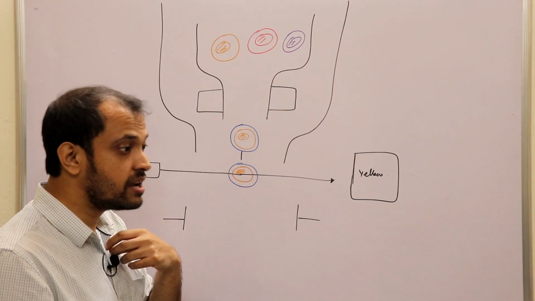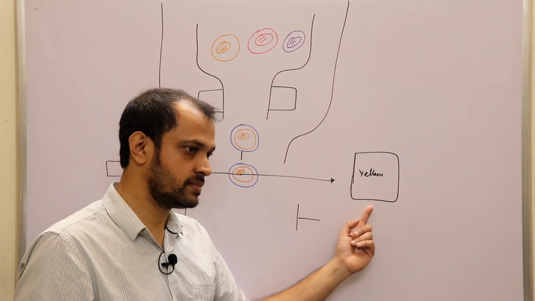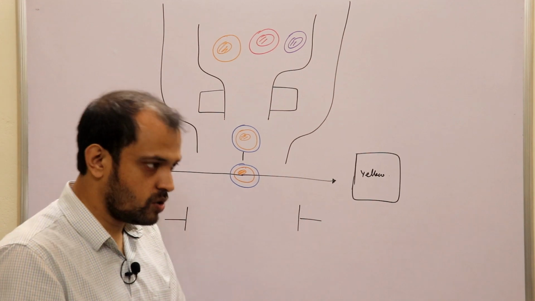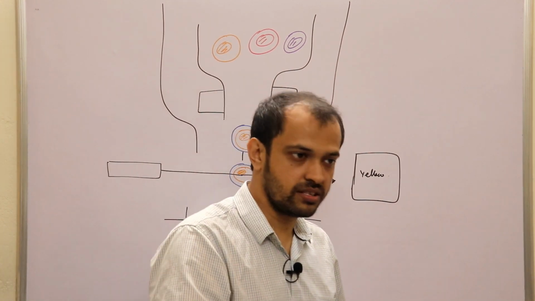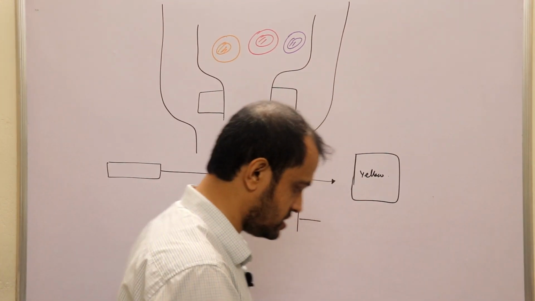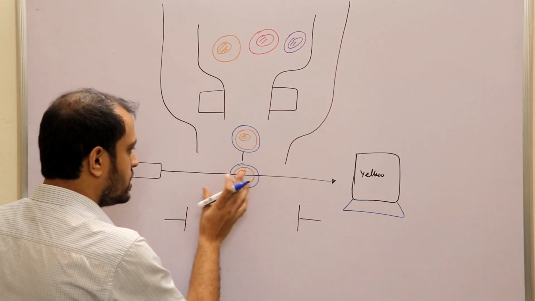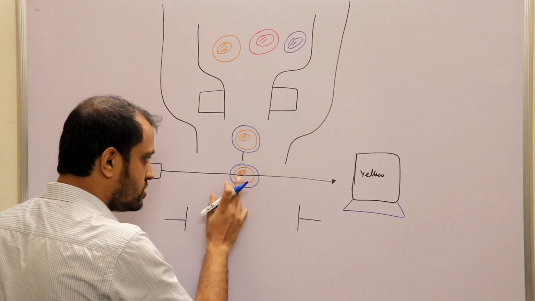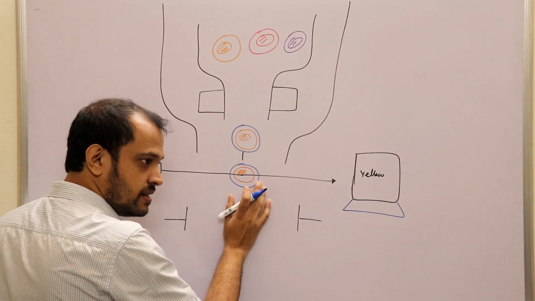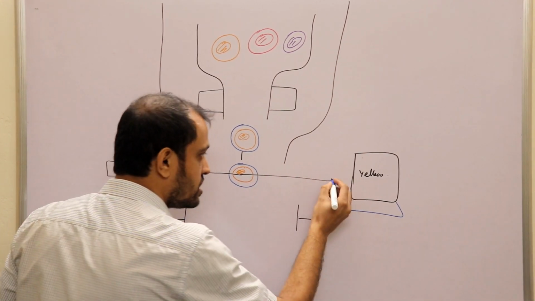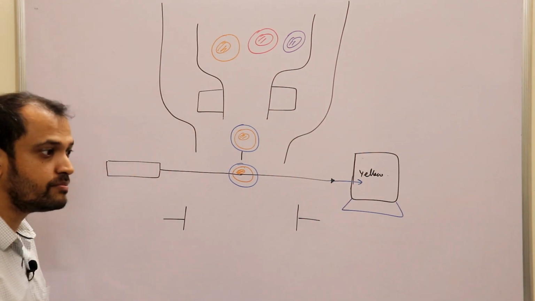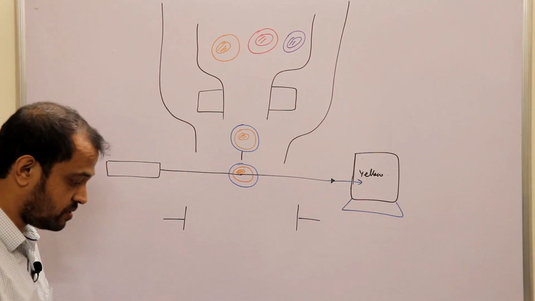We are actually instructing the computer. Now listen, we are not going into the details of ADCs, analog to digital converters, but just a very basic thing. When the yellow cell interacts with the laser, this scattering is recorded by the computer.